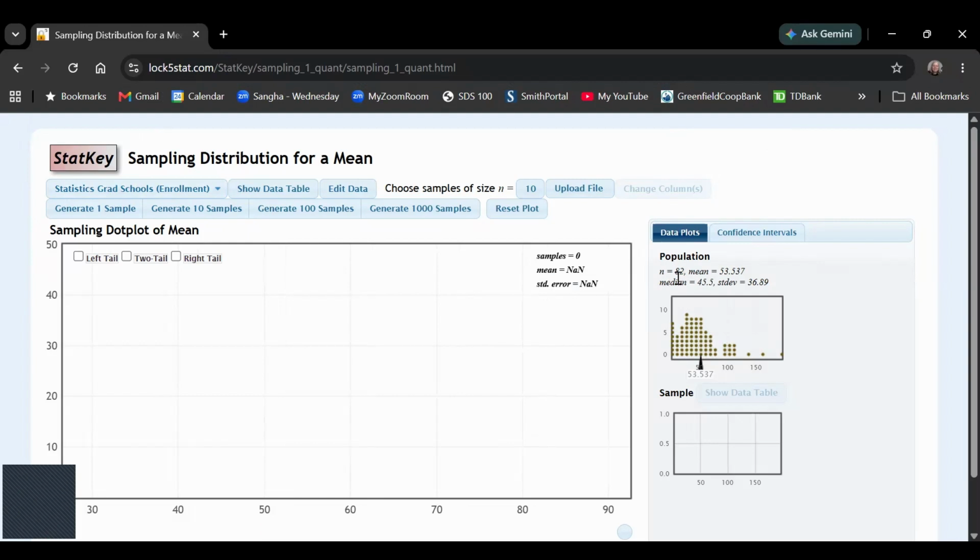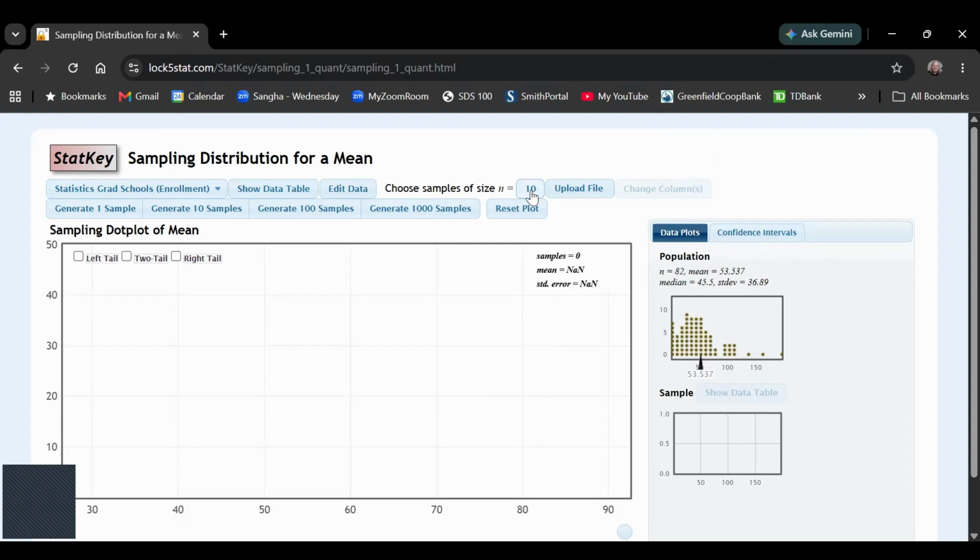And if we come over here and look at the population, there are indeed 82 schools. This is the enrollment numbers for stats doctoral programs in 2009, I think. And the average was 53.537, the median's 45.5, and the standard deviation is 36.89.